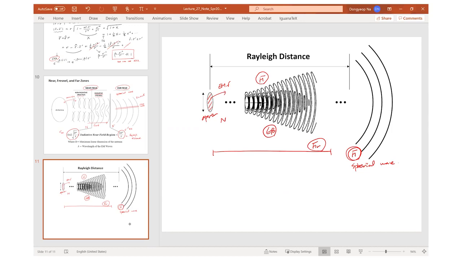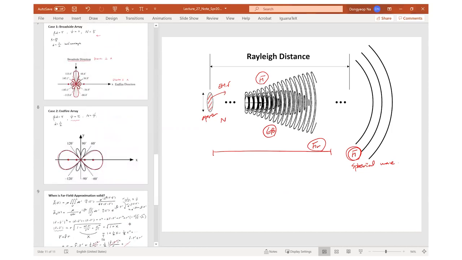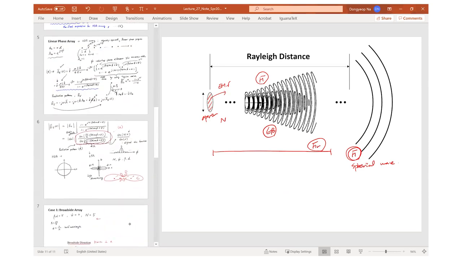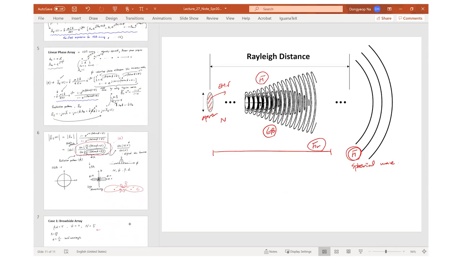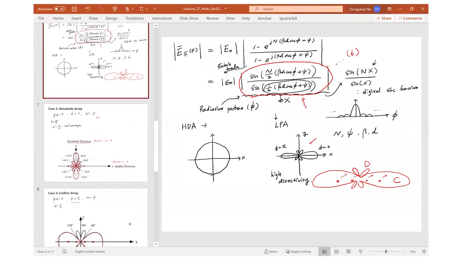Yeah, this is very complicated mathematical material, but again, the key idea is that if we arrange Hertz dipole antennas in an array, this kind of array factor appears so that we can achieve high directivity. That's the key thing.